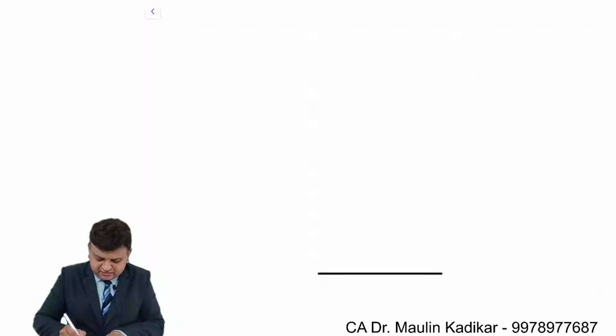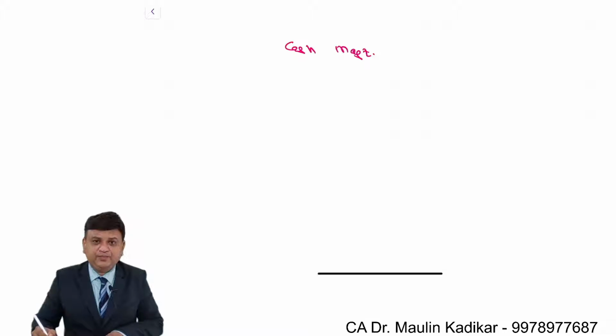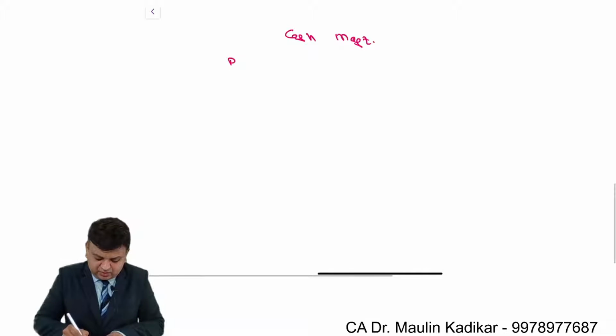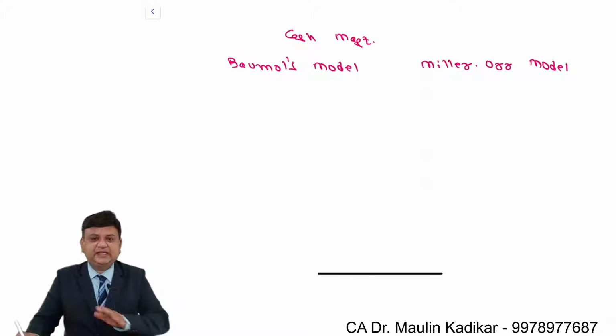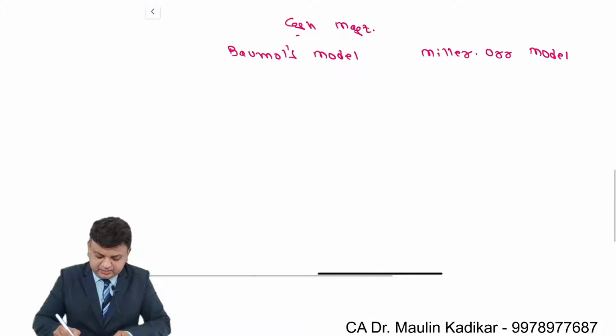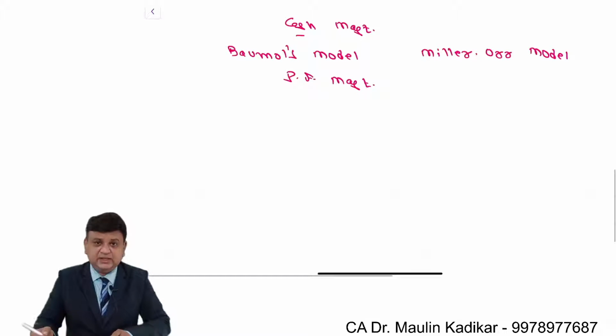At your intermediate level or the IPCC level, you might recall that you have studied cash management. In that you study something called Baumol's model. Then you study something called the Miller-Orr model. Exactly similarly, you are going to have an understanding here in portfolio management of these kinds of theories.